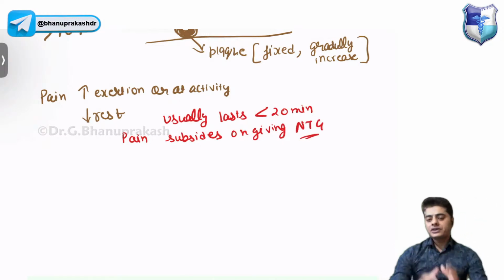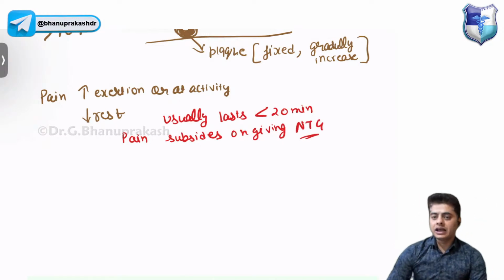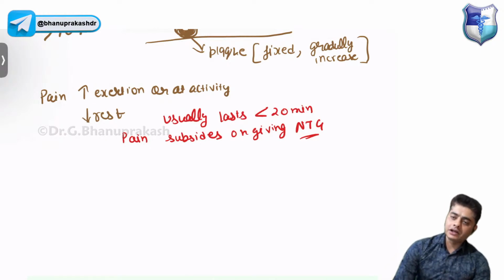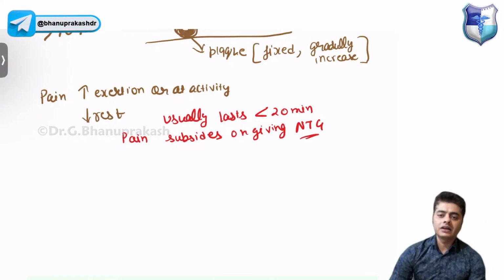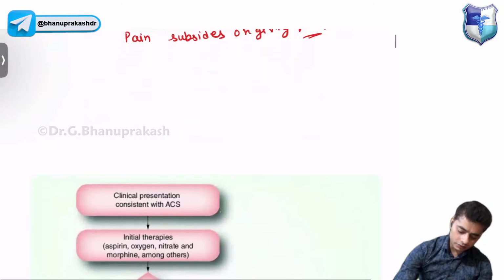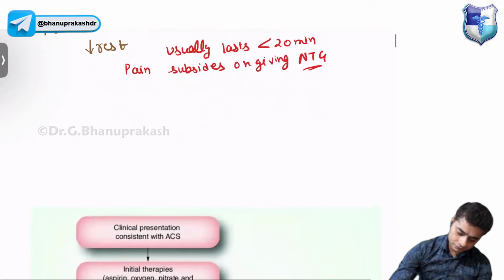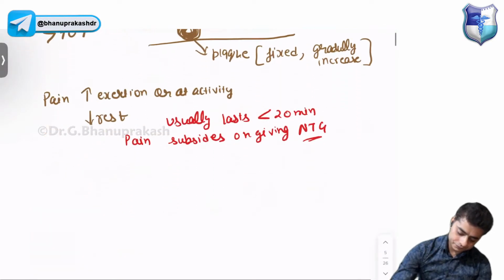So whenever a patient comes to your casualty and emergency with stable angina pain, you give him a sublingual NTG tablet. Automatically within 1 to 5 minutes, the pain of the patient will subside. And that is the characteristic feature of stable angina.